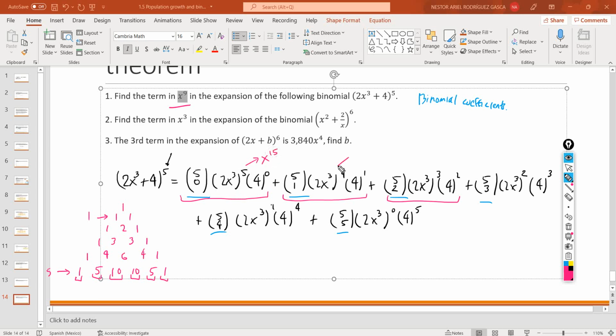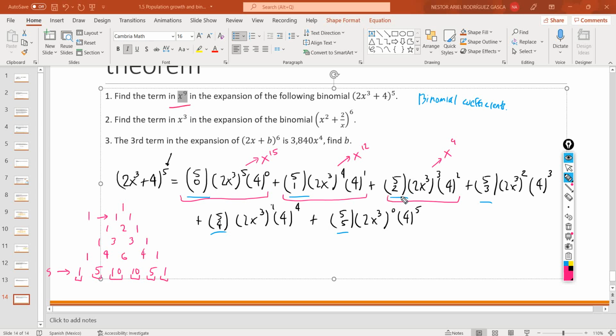And here, x to the 3 to the 4, you will ultimately find x to the 12. That's going to be the variable part of this term. Now, what about here? x to the 3 to the 3. Eventually, when you simplify this term as much as possible, you will get a variable part of x to the 9. So this is the term that is known as the term in x to the 9.